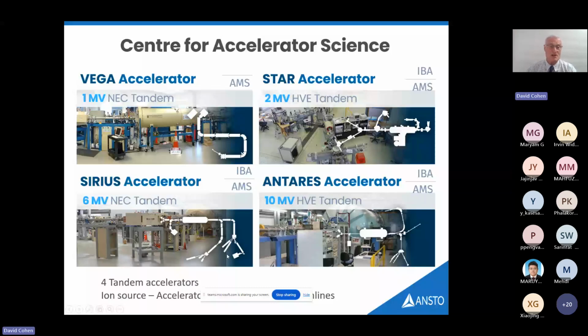And what I need to show you here is that each of these accelerators, if you look at the 1 million volt accelerator here, the top left-hand corner, it's got a different configuration to the 2 million volt machine here, which has the ion source here, the tank, and the end beam stations here. And the reason for that is each of these machines has a different function and a different functionality. And the functionality depends on the rigidity of the ions that we accelerate in the machine.